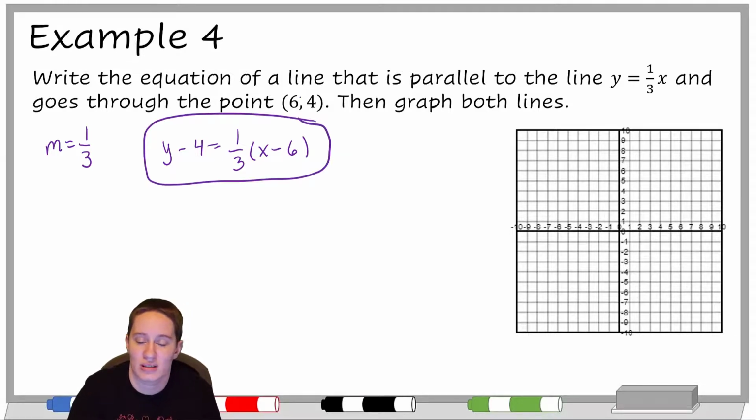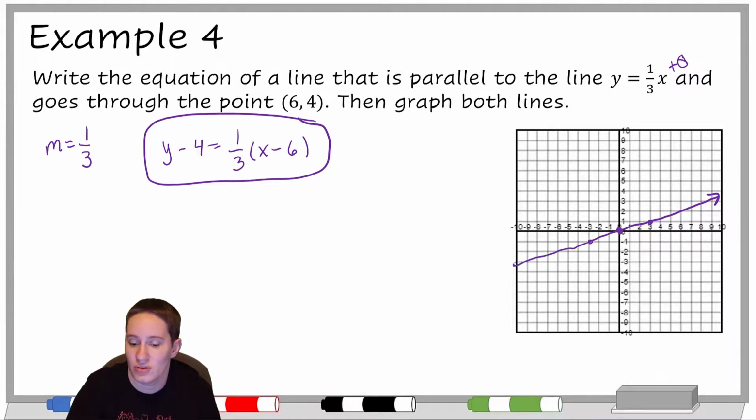In a problem like this, it's kind of like we have 2 answers, because it's asking us to write the equation of the line, but then it also asks us to graph it. Our first line, y equals 1/3 x, has a y-intercept of 0 because it doesn't have anything added out to the side, so we think of it like it's a plus 0. Then we're going to go up 1 and right 3, or down 1 and left 3.